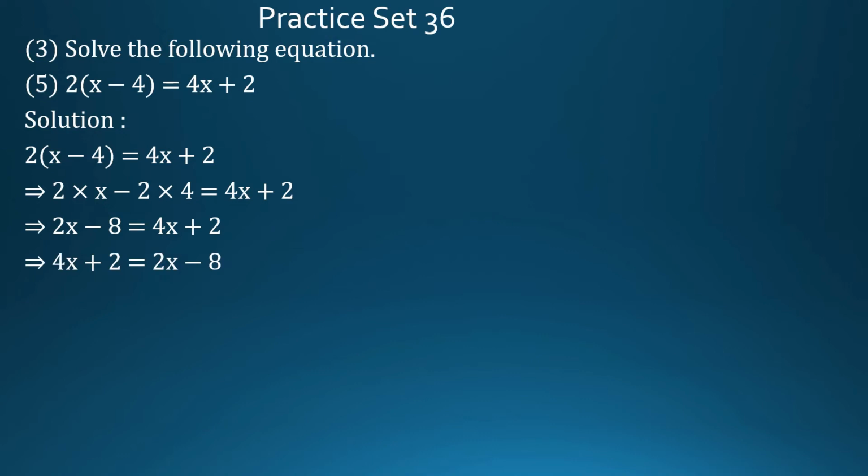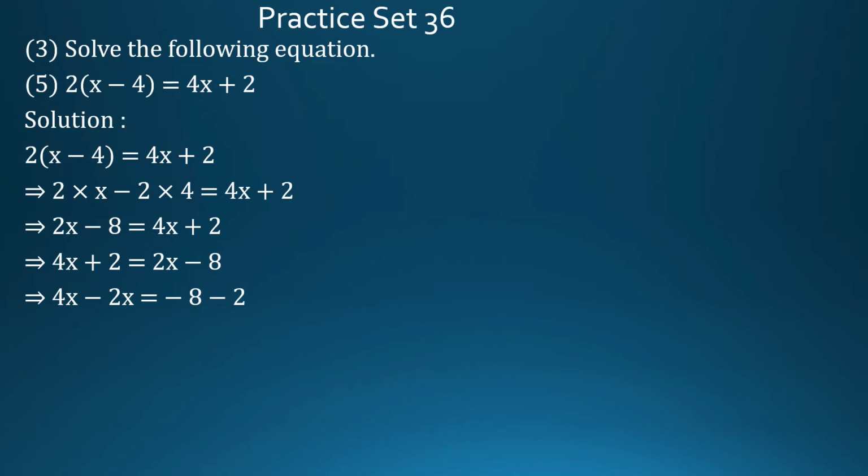So therefore 4x plus 2 we are going to write it on left hand side, and 2x minus 8 we are going to write on the right hand side. As there is equal to sign in between, we can do such thing. So we will have 4x plus 2 is equal to 2x minus 8. So therefore 4x minus 2x is equal to minus 8 minus 2.